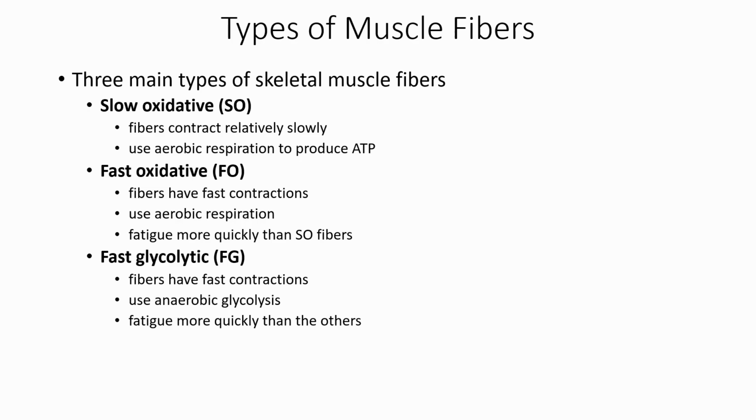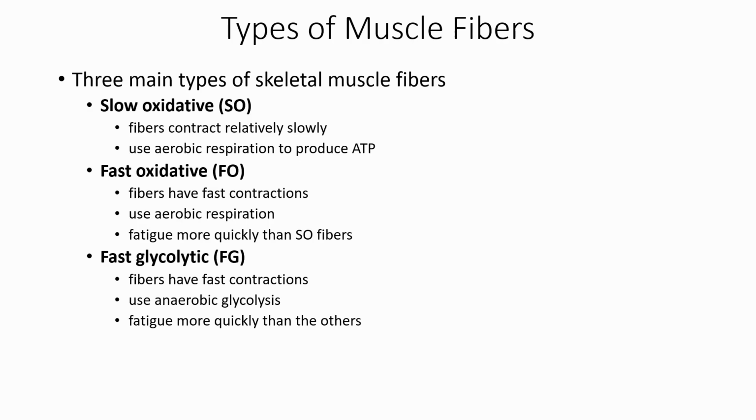And so what are these different fibers good for? Usually when we look at the slow oxidative, really the ones that use aerobic respiration, typically we're looking at fibers that are better at slow but more sustained workouts, right? And everyone has a mix of these. No one has only one or the other, but people have different ratios.